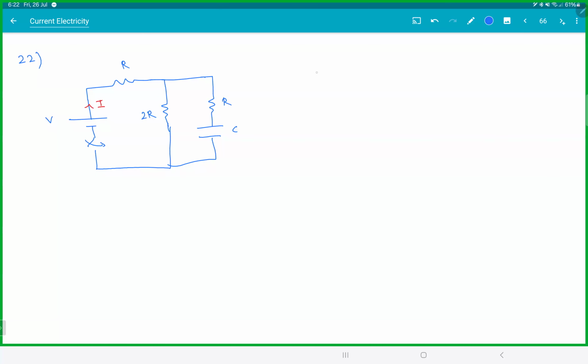Find the current. Find I at t0, the moment you close the switch, and as t tends to infinity after a long time. And find the charge on the capacitor in steady state.